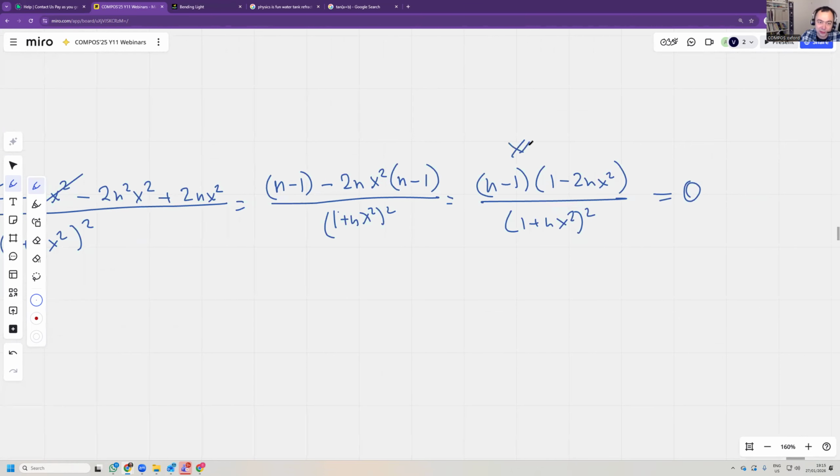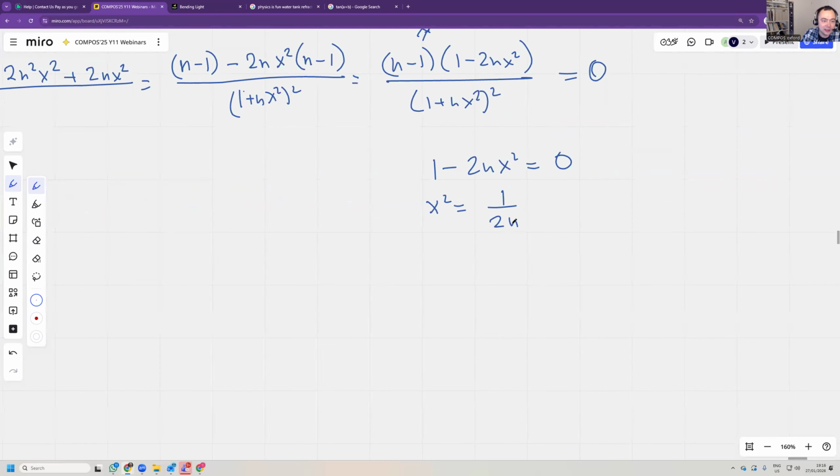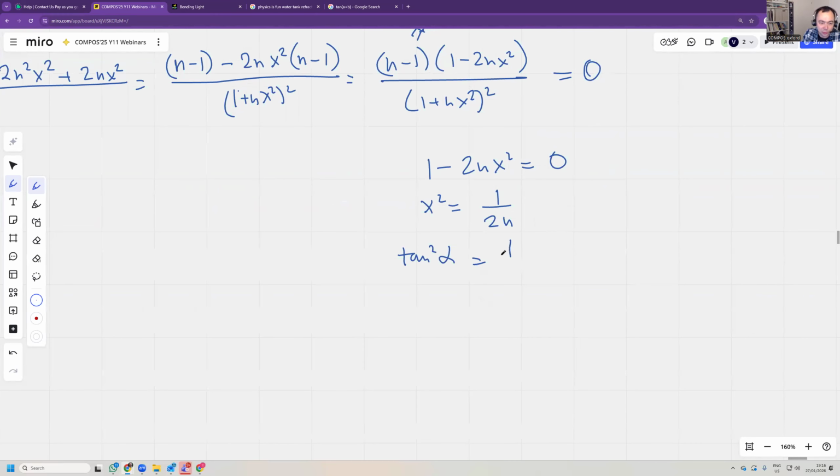But we know that n minus 1 is not 0 because n is not 1. We don't care about the bottom, so 1 minus 2nx squared must equal 0. So x squared must equal 1 over 2n. That means that tan squared alpha is equal to 1 over 2n. So alpha must be arctan of the square root of 1 over 2n.